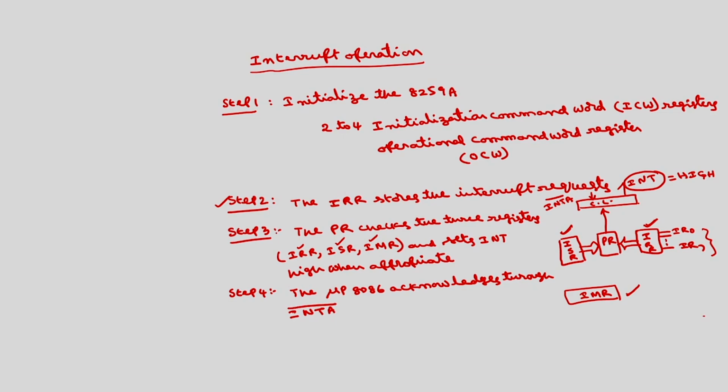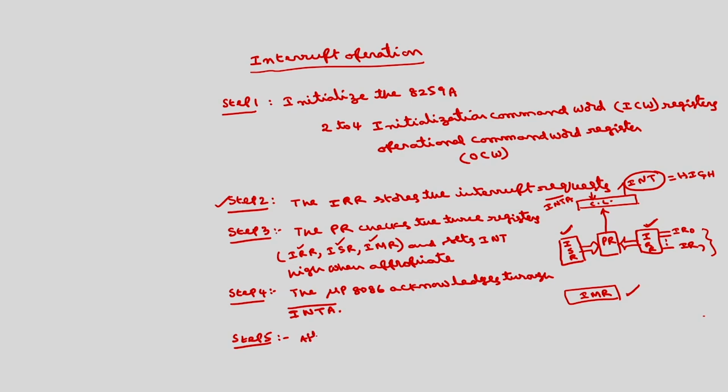Whenever this 8259 receives INTA bar, at the first cycle of INTA bar, the next step is that in this IRR, the corresponding bit of that interrupt request will be made 0, indicating that that particular request has been accepted.